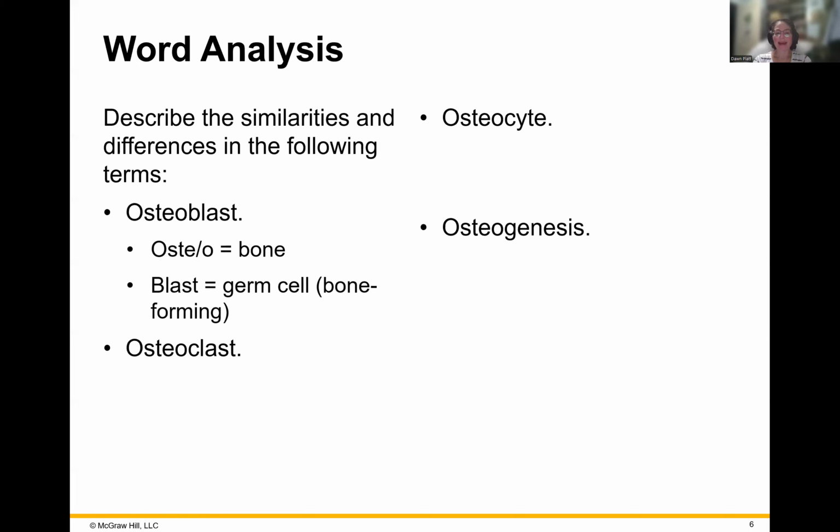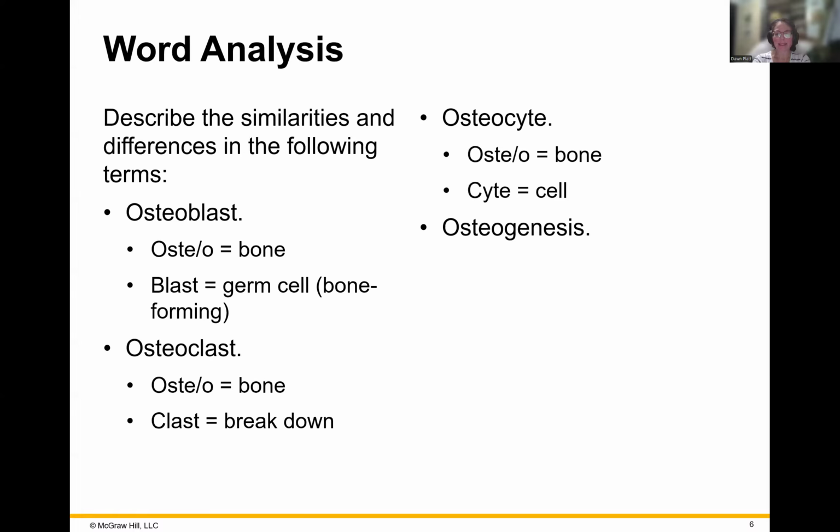Now we have an osteoclast, osteocyte, and osteogenesis. Our bones, just like our blood, are constantly breaking down and creating new. When we have an osteoclast, that's where it's breaking down old bone, we're getting rid of it. And then you have the osteoblast, which is regeneration of new bone.